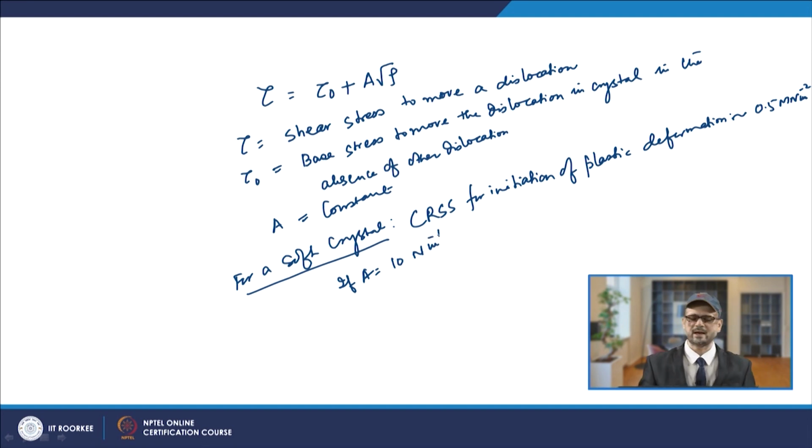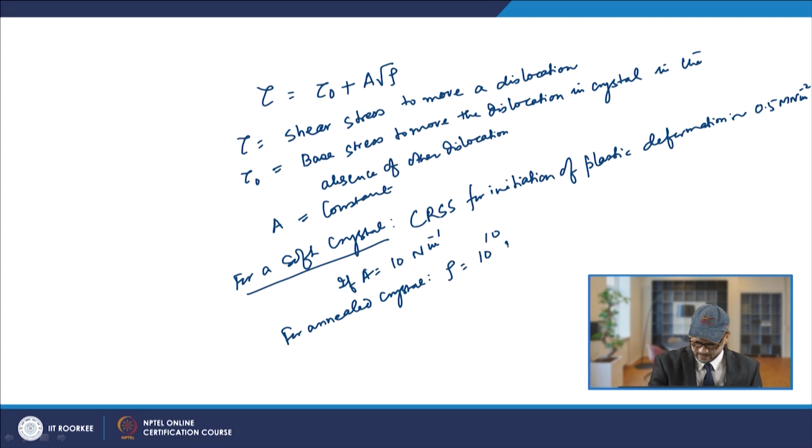Depending upon the value of rho, suppose you are taking an annealed crystal. For an annealed crystal, rho is of the order of 10 raised to the power 10 per meter square. With this rho value, tau will be tau naught, which is 0.5 meganewton, plus A, which is 10, multiplied by the root of rho, 10 raised to the power 5.